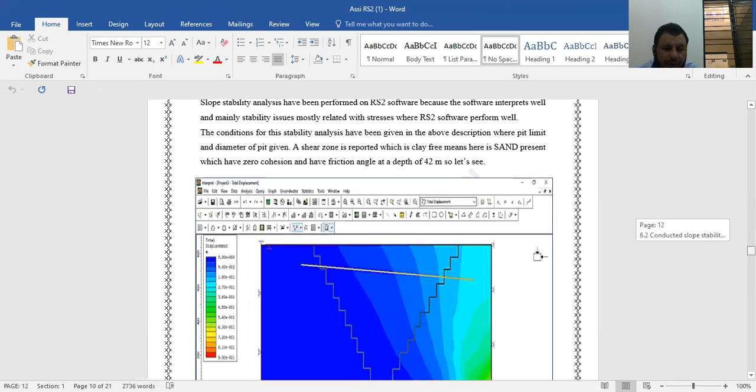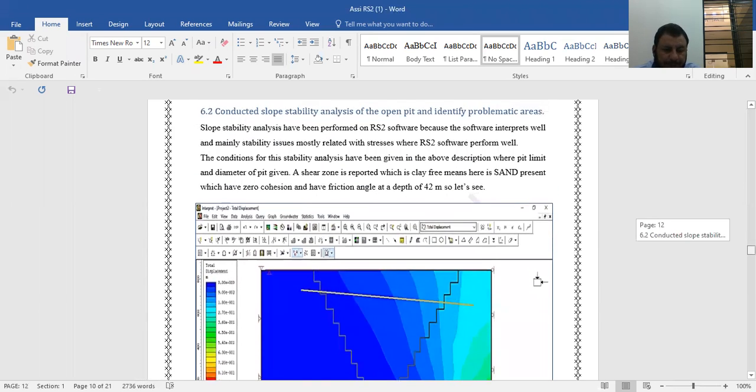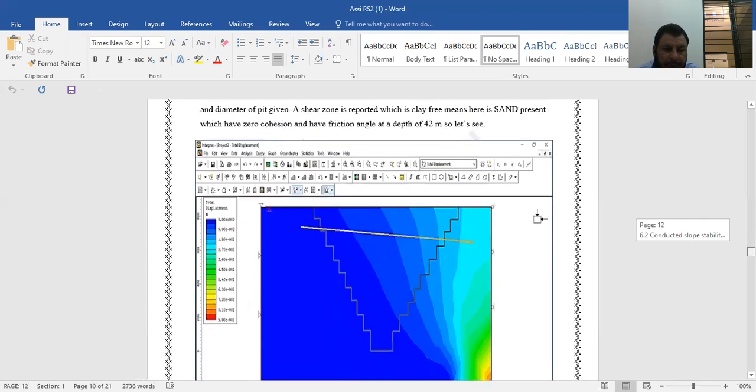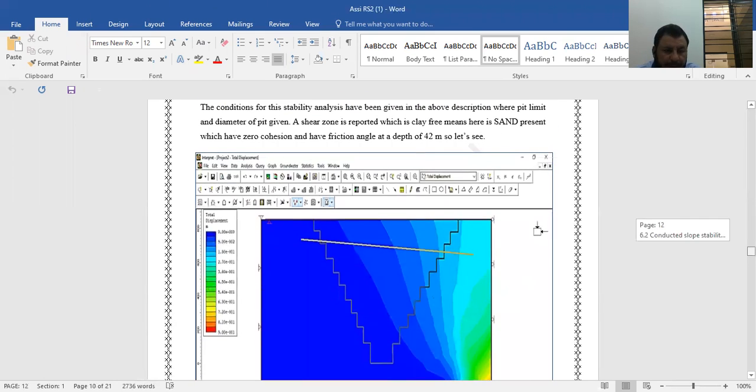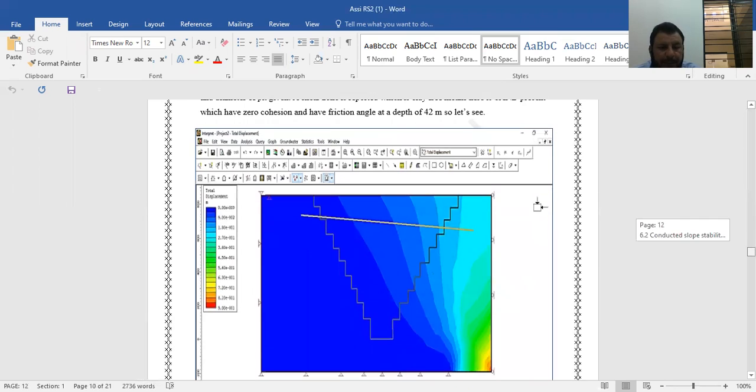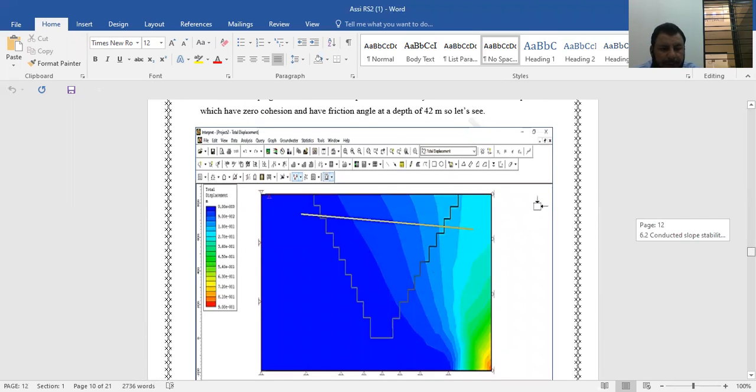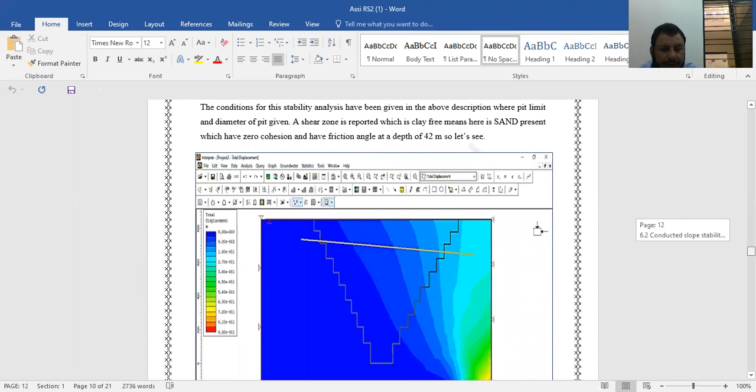These are the conducted slope stability analyses of the open pit to identify problem areas. Slope stability analysis has been performed on RS2 software because the software performs well, and stability issues are mostly related to stresses, where RS2 performed well.